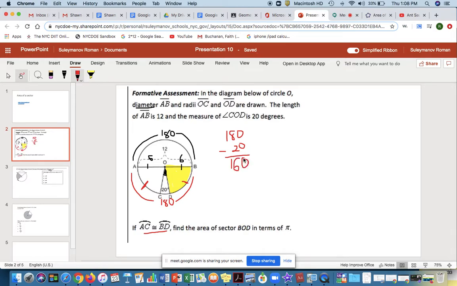Remember, our goal is to figure out the angle of BOD. So 160 is what's left after we take away the 20, and we have two equal pieces here, so we're going to do 160 divided by 2 to get 80. And that is going to tell us what this angle is. This angle is 80. Same thing here, even though it doesn't matter.